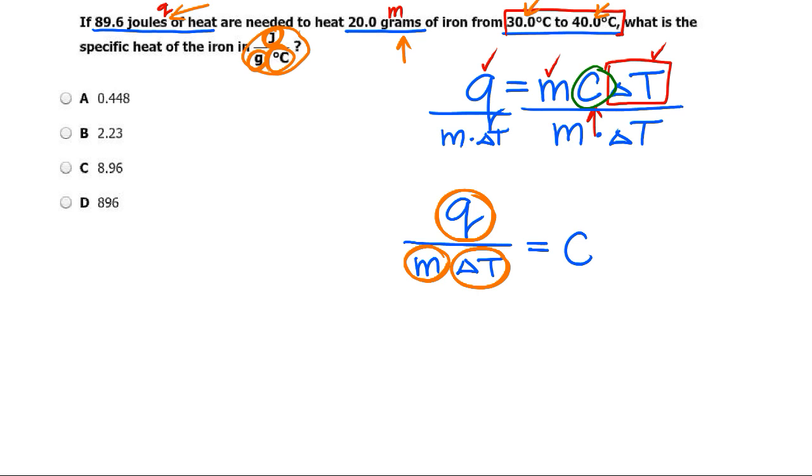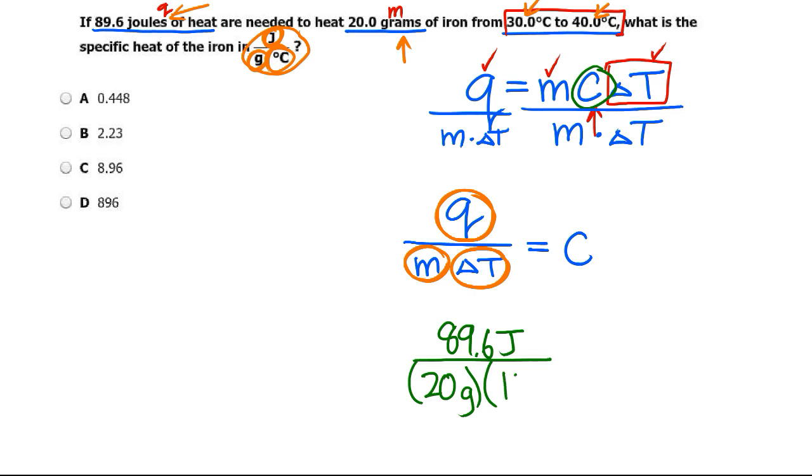So Q is 89.6 joules. The mass is 20 grams. And then the change in temperature is 10 degrees Celsius.